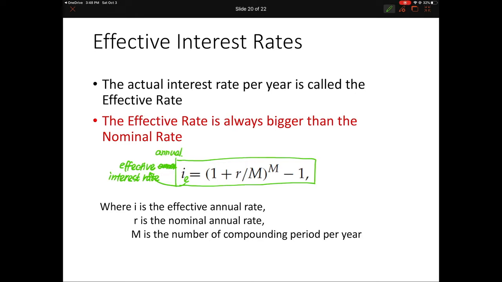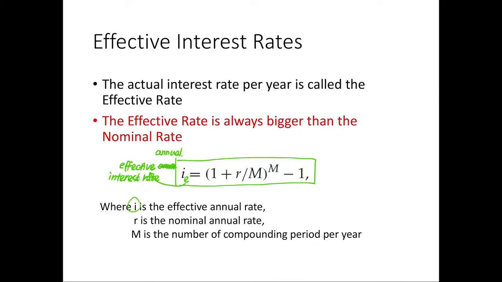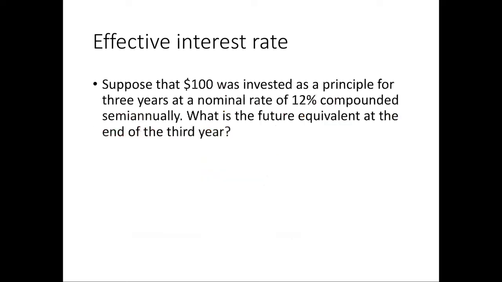Okay, and it can be calculated by using the R, which is the nominal annual rate, and also the M, which is the number of compounding periods per year. Okay, so let's see this example.